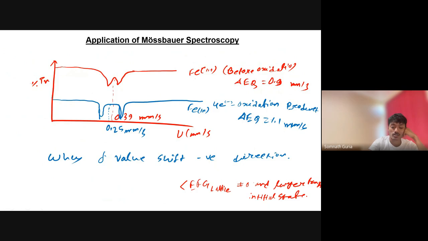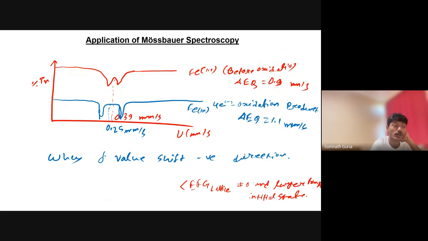Okay, so non-zero EFG is there. We don't have that much electron density surrounding the iron center. So the delta value shifts in a more negative direction, and then the delta EFG lattice is higher than my initial iron 3 center before oxidation.